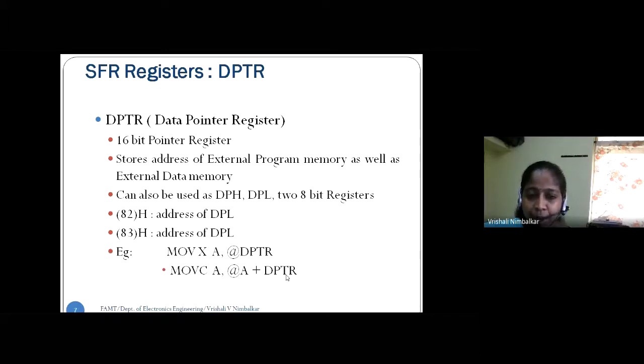And the data pointed by that address is available in program memory. The data pointed by this address of program memory is picked up and copied into the accumulator. Right? This is the format of writing the instruction, and that's how you make use of the DPTR register.